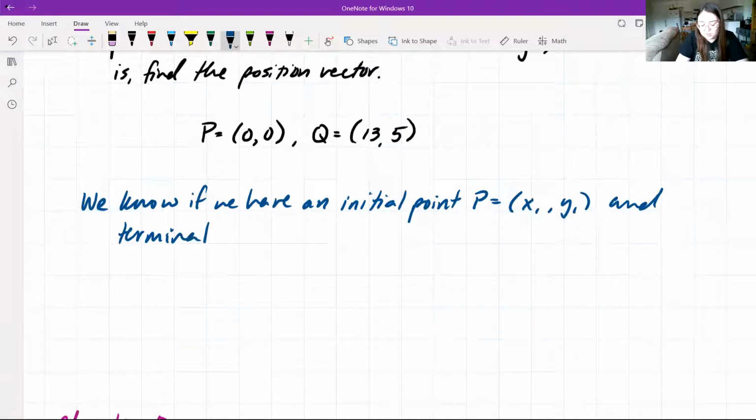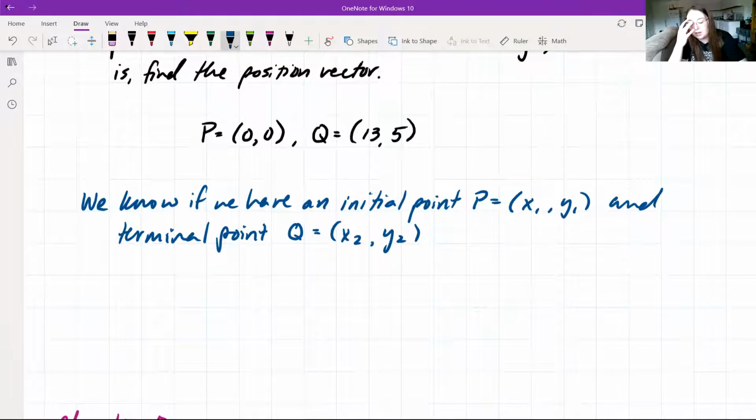And if we have a terminal point, which we'll label Q, this is equal to x2 comma y2. It's the second point essentially. So we label the x and y terms with sub 2's, and then sub 1's for our initial point.